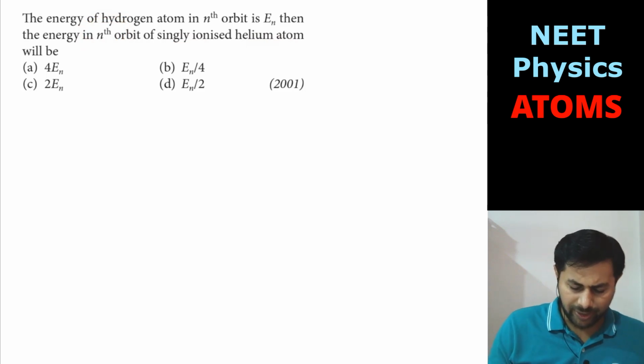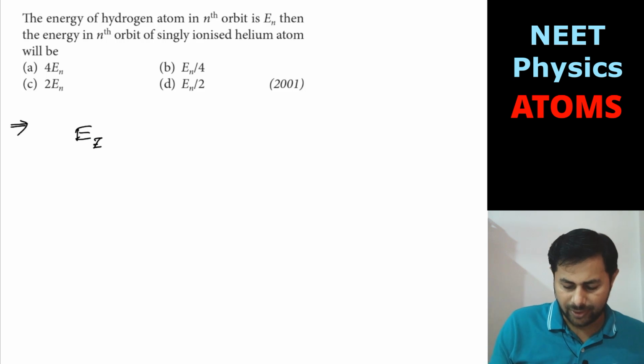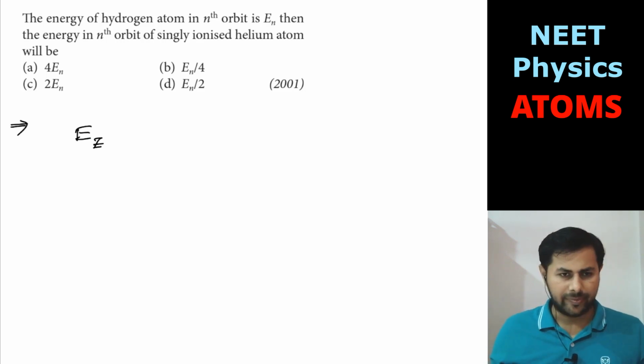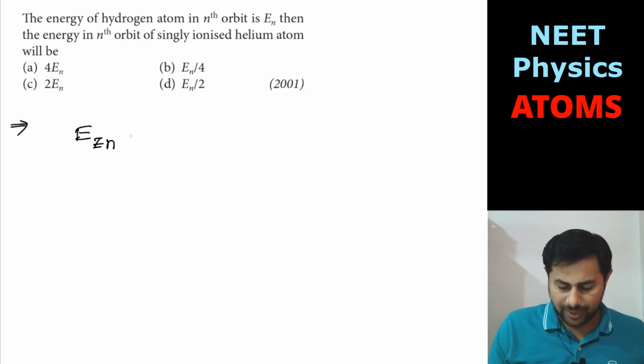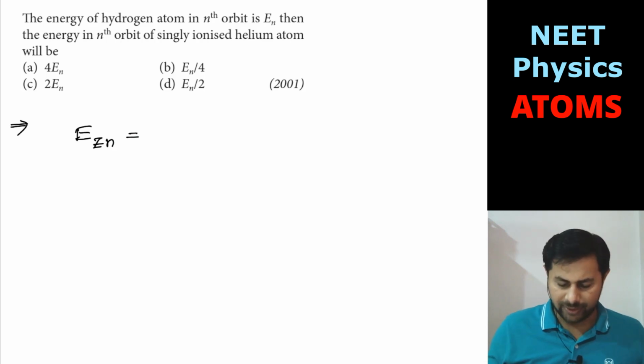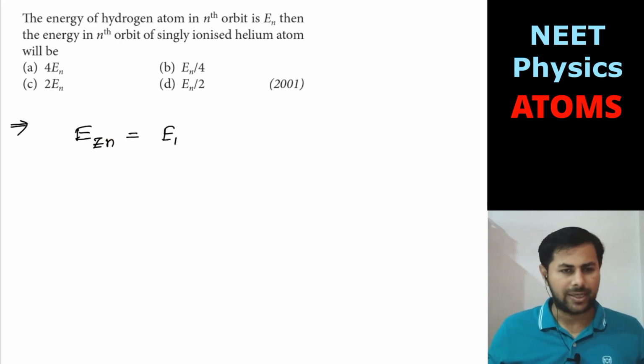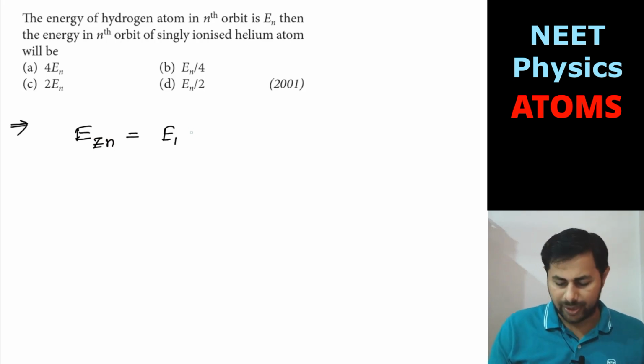Okay, so again we have the formula. The energy of an electron in an atom having atomic number Z and principal quantum number n, means orbit number is n, is equal to energy of hydrogen atom in the first Bohr orbit multiplied by Z square by n square.